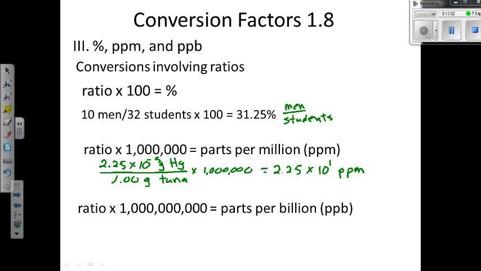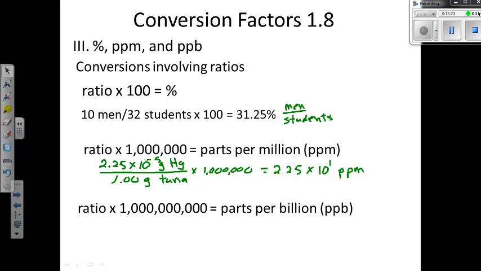Right? So I'm taking that number, multiplying it times 1 million, which is an exact number. But 2.25 has three significant figures, 1.00 has three significant figures, so I can keep my answer in three significant figures and put it in scientific notation.